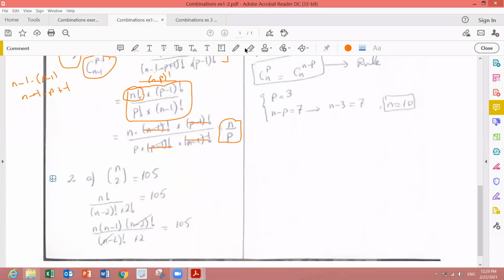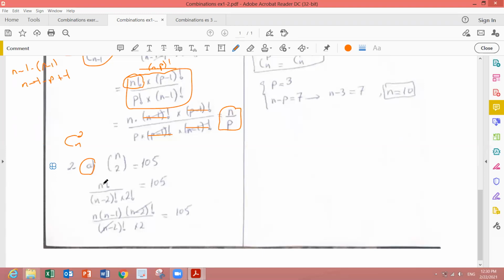So exercise 2, part A, n choose 2. So n factorial over their difference factorial, which is n minus 2 factorial times 2 factorial, equals 105.